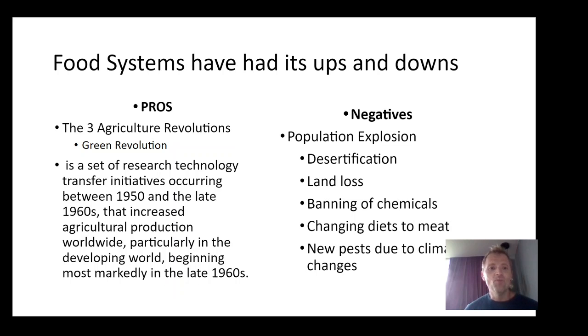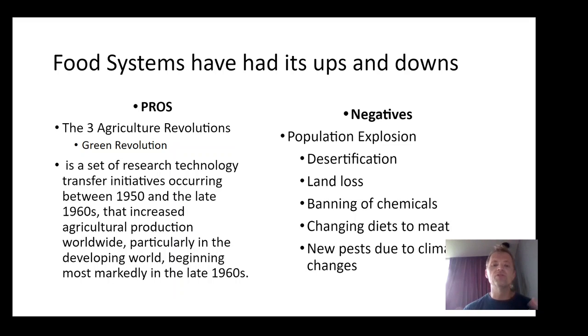All right, moving along. The food systems, kind of into the history of it, have had its ups and downs. There's been pros. There have been the agricultural revolutions. Just when scientists think that we can't possibly get any more food out of the ground that we grow, scientists have created new things, whether they be genetically modified or pesticides would even fit in this category, or new farming techniques.